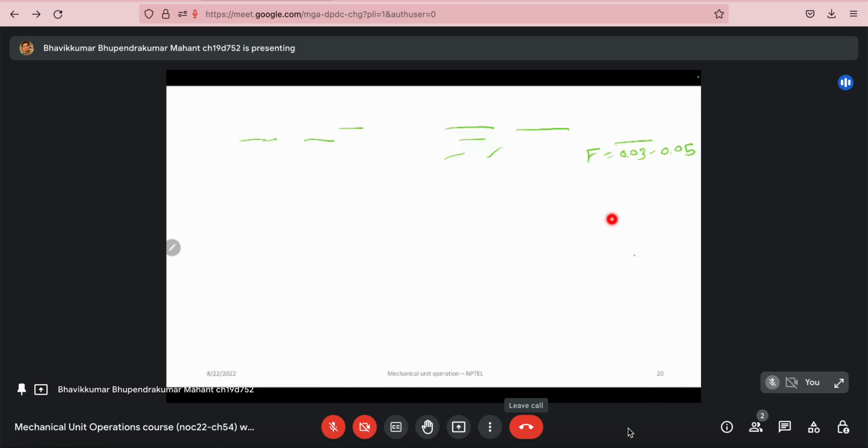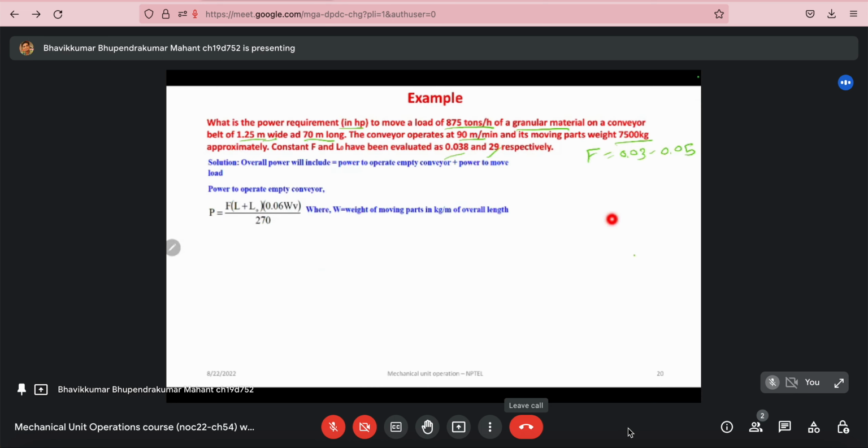So how can we perform the calculation? In the solution, there is no mention of any lift, so we need to consider the power to operate the empty conveyor and the power to move the load from one place to another.